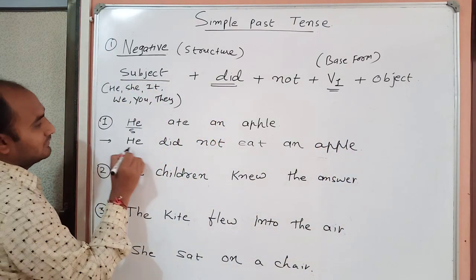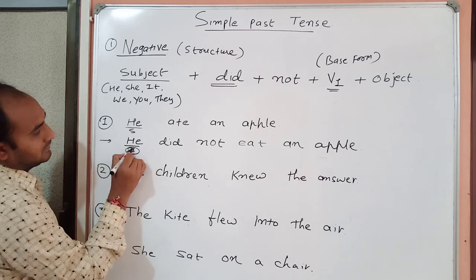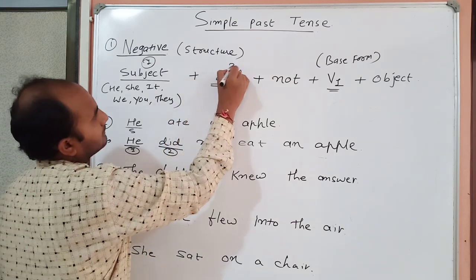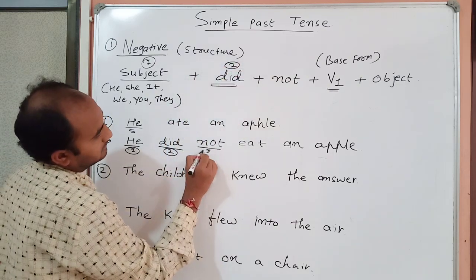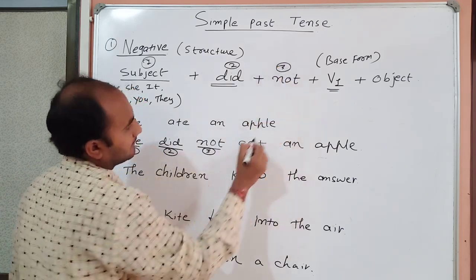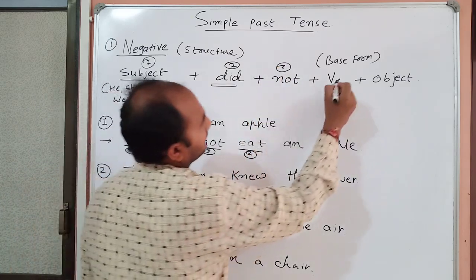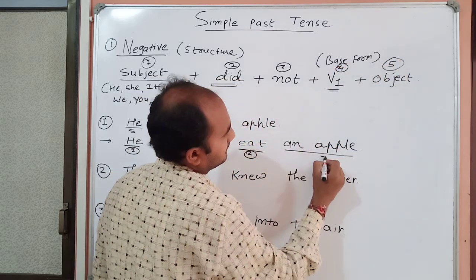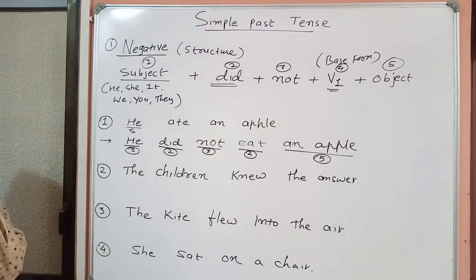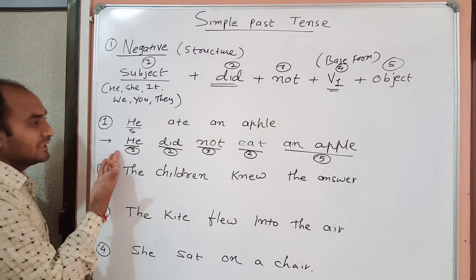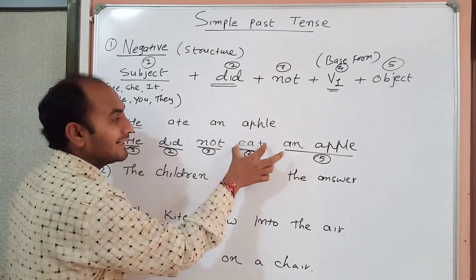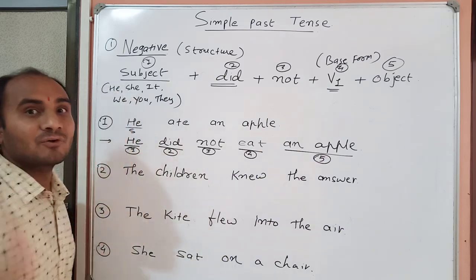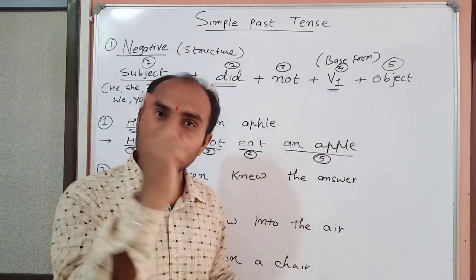Understood? So number 1, he, that means subject, did, number 2, then not, number 3, eat, number 4, and an apple, number 5. So here: he did not eat an apple. Don't write here 'ate an apple', that is wrong. So after did we will use V1.